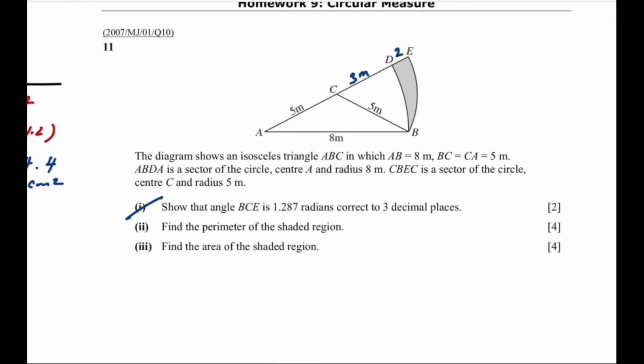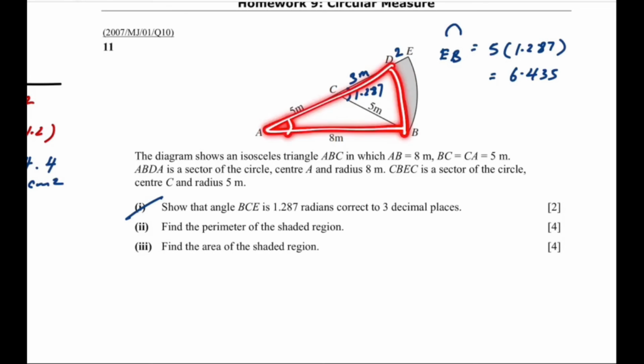Arc EB. R theta. R is 5. Theta is 1.287. 6.435. That's arc EB. How about arc DB? Arc DB, you need to refer to the radius here, 8 cm, and the angle here. This is the angle at the center, always twice the angle at the circumference.